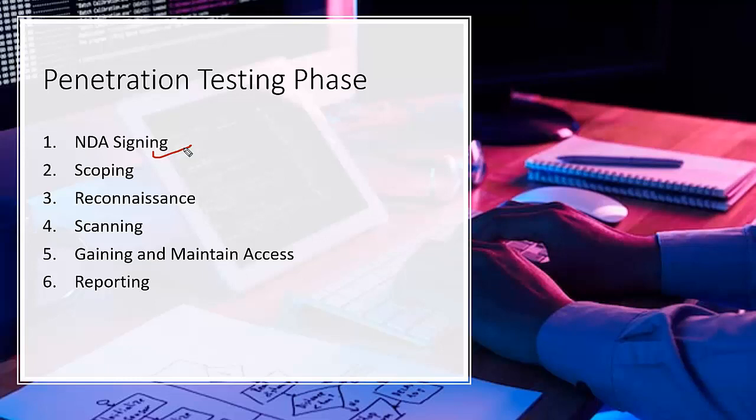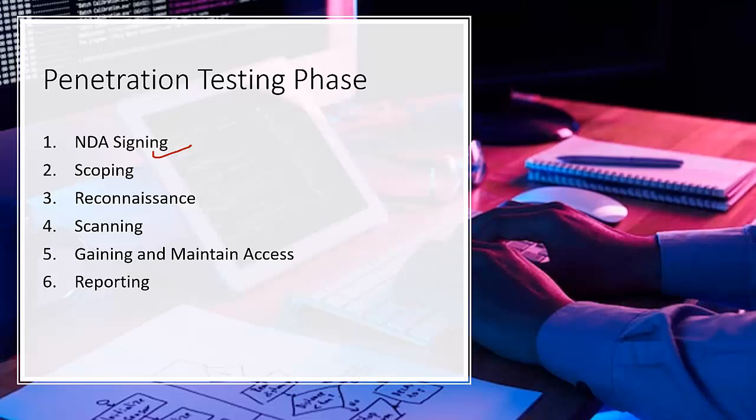In that case, you sign the NDA first, before even planning any meeting. Then you can schedule the meeting with the consultant who is going to do the penetration testing for your organization. If an employee is doing that, he already signed the NDA and other agreements when he joined the company. But when you engage an external consultant, before revealing anything, get the NDA, non-disclosure agreement, signed. After signing the NDA, schedule the first meeting.